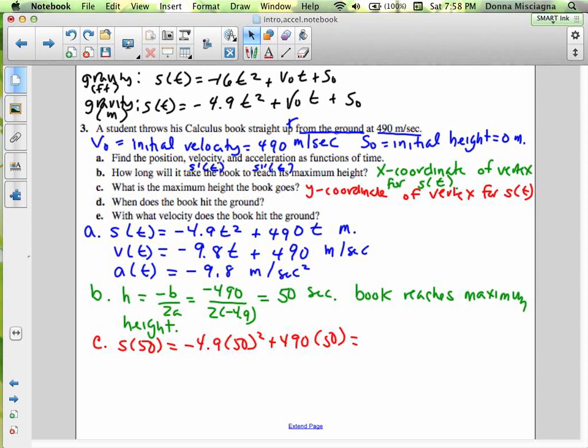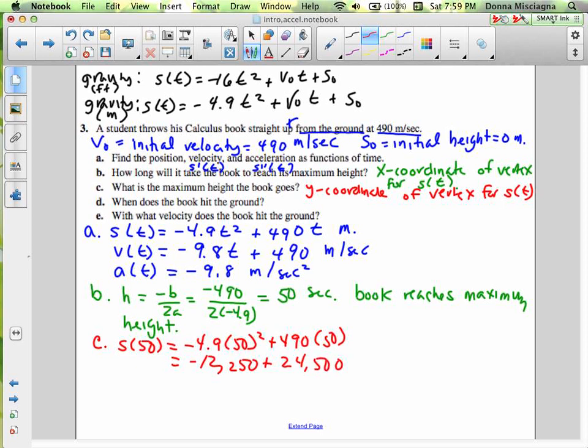So 2,500 times 4.9 is negative 12,250, and 490 times 50 is 12,250.